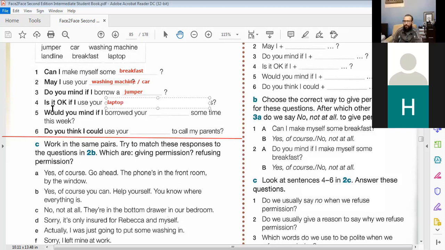Then it says, would you mind if I borrowed your something sometime this week? Car. So this means the first one is washing machine, right? Yes. Okay, so let's change the first answer.